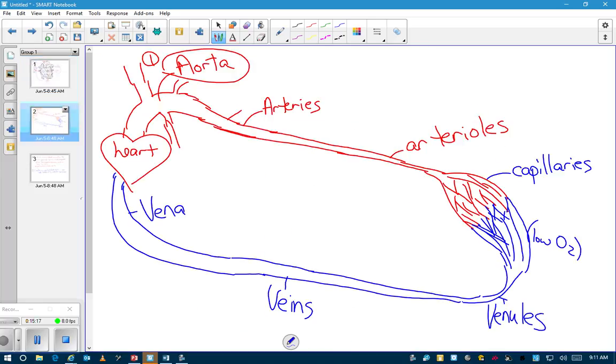That's the largest vein in the body. Well, it's coming in the bottom, so let's say it's inferior. But in general, they just call them the Vena Cava. They just happen to call one of them superior because it goes on the top. All right.